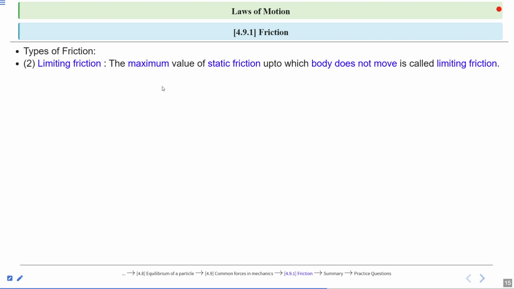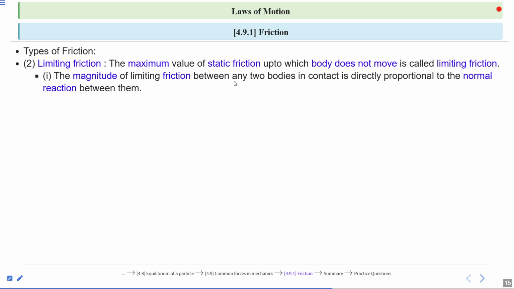Second is limiting friction. The maximum value of static friction up to which a body does not move is called limiting friction. We can say it is the greatest possible value of static friction. The magnitude of the limiting friction between any two bodies in contact is directly proportional to the normal reaction between them.